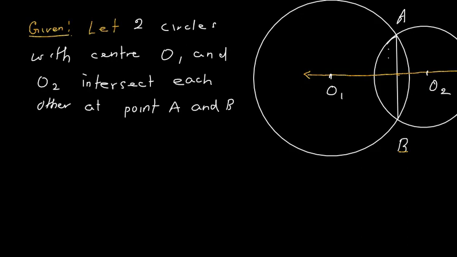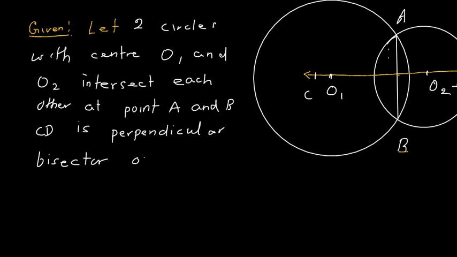What we have to prove? Before that I will write one more statement. In given, I will say that CD is perpendicular bisector of AB.